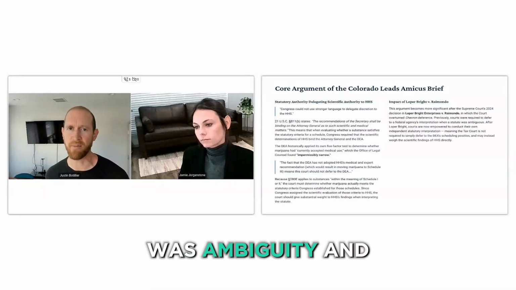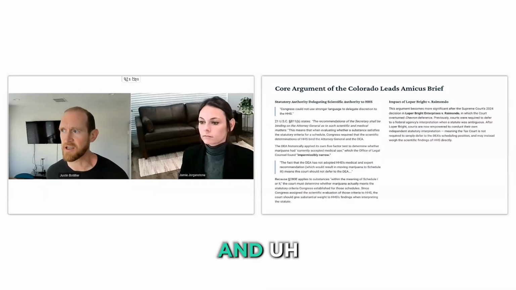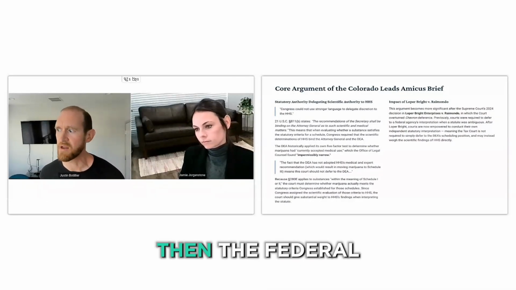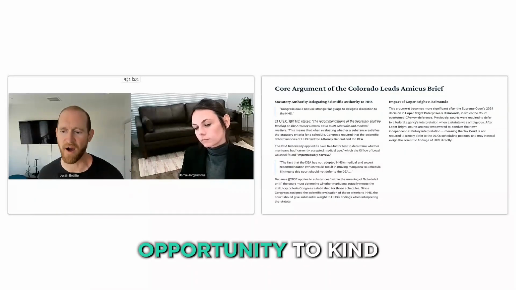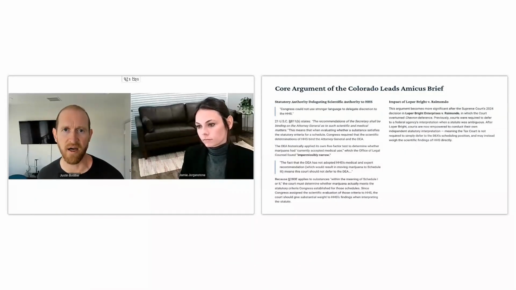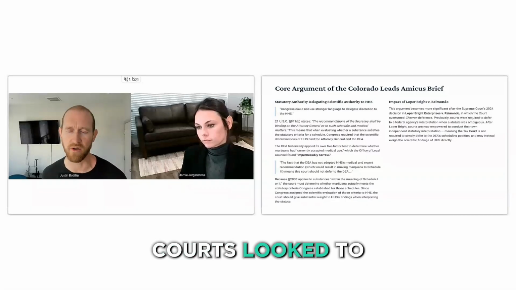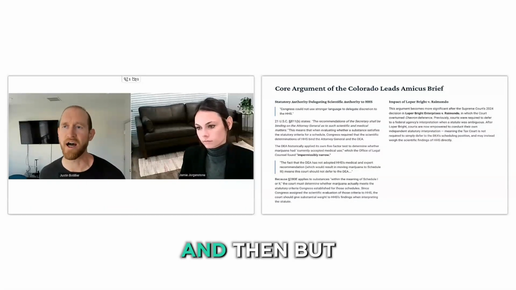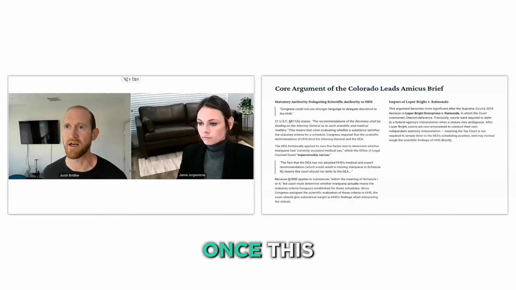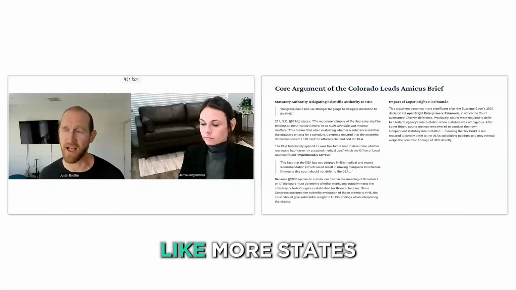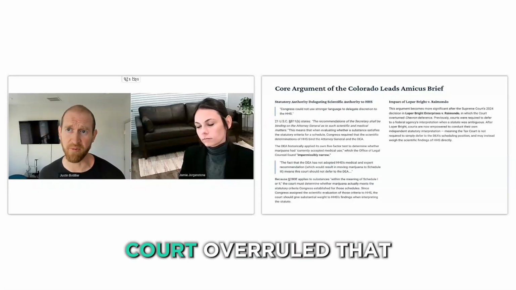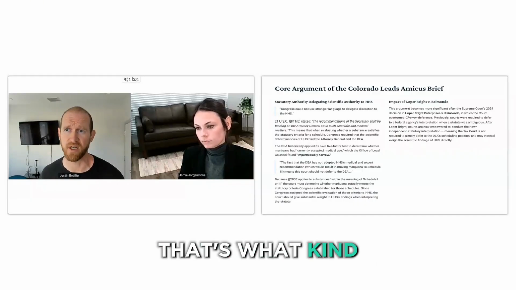Where there was ambiguity in the law that Congress wrote, the federal agencies got the opportunity to include their own guidance, and the courts looked to that guidance as having more authority. But now we have a much different, more states' rights Supreme Court, and the Supreme Court overruled that Chevron deference. That's what came about.